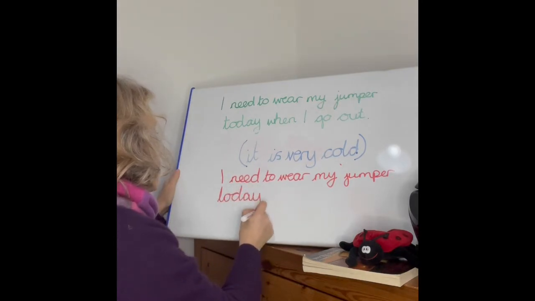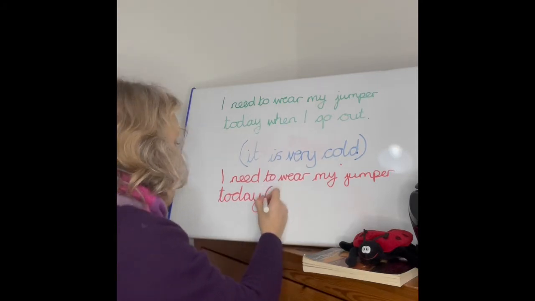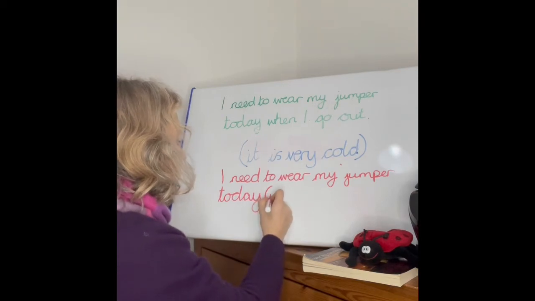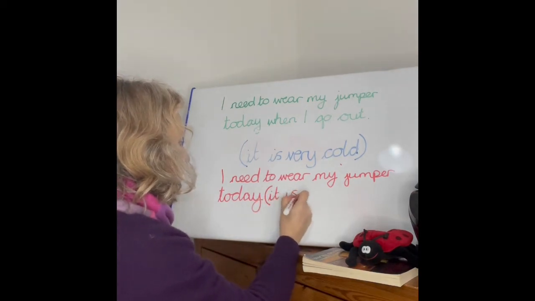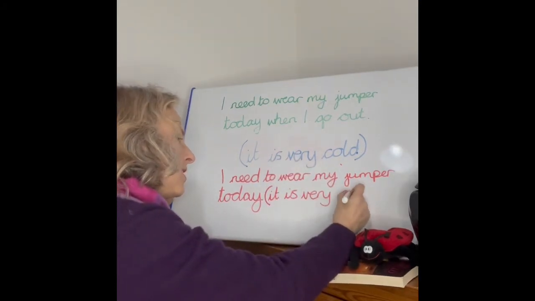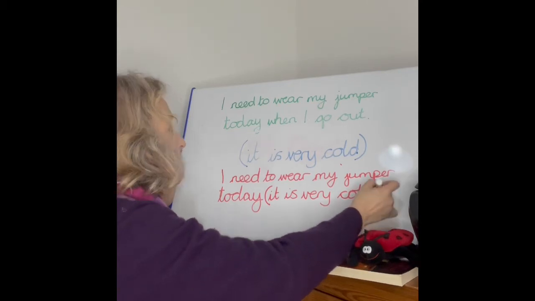You watch how I'm making those letters just to help remind you how we do them. Then I'm going to do my brackets because it's the today that we're talking about. It is very cold. Just explains about today and why that person's going to need to wear their jumper.